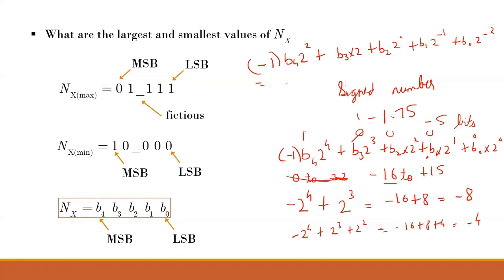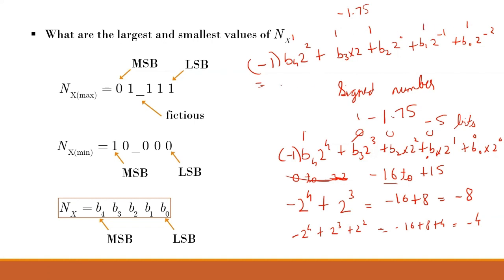Now I want to get the value minus 1.75. I have chosen a simple example, so I know how to do it. I will take all the bits as 1, 1, 1, 1, 1.